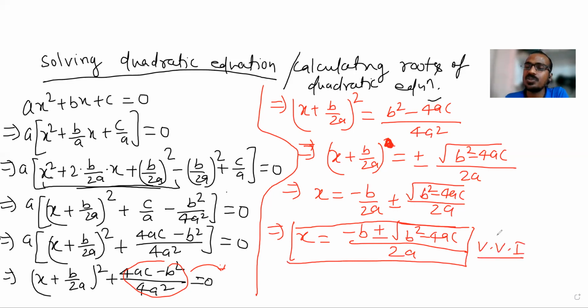x is equal to minus b plus minus under root of b square minus 4ac by 2.